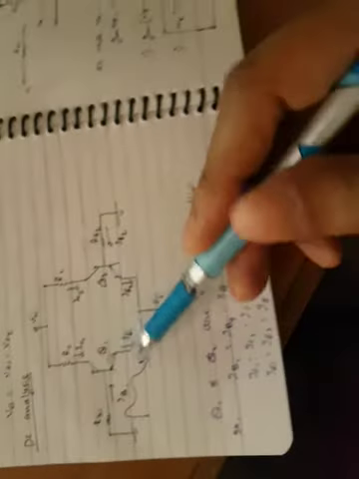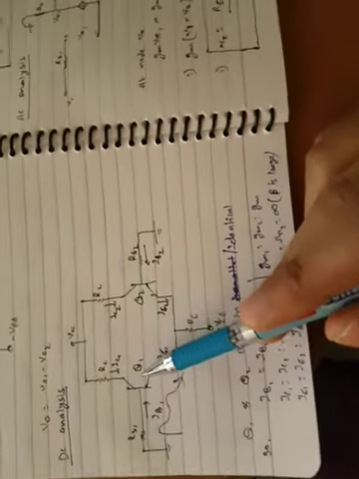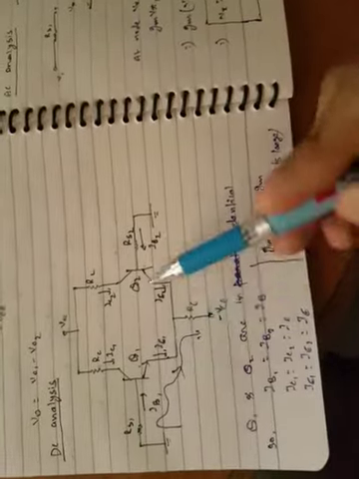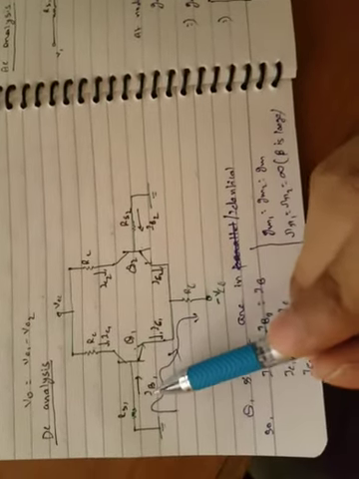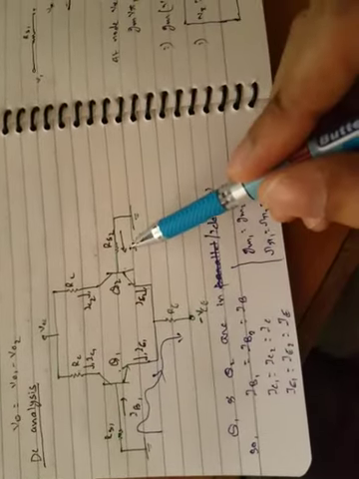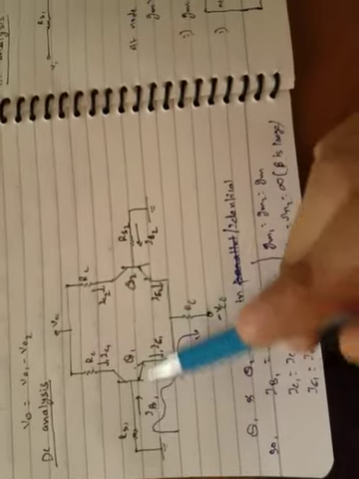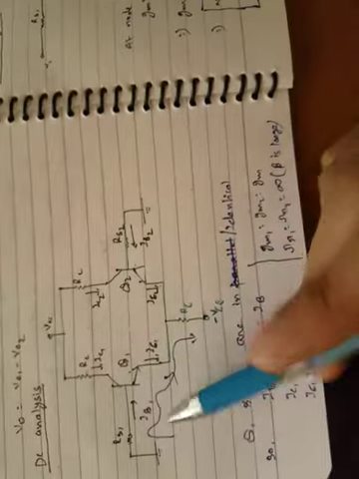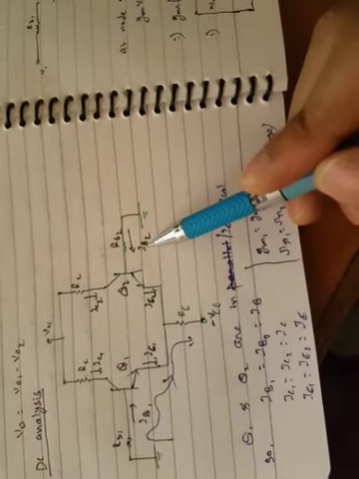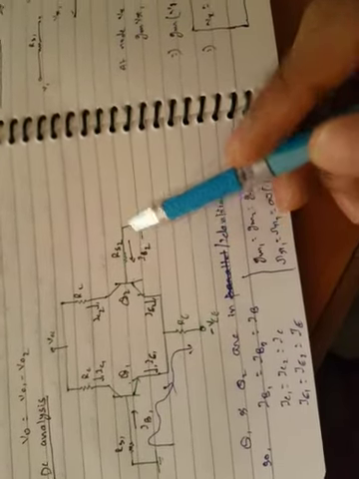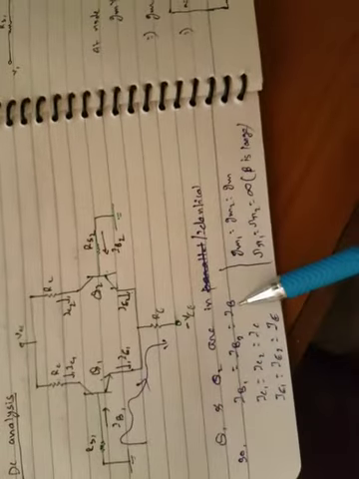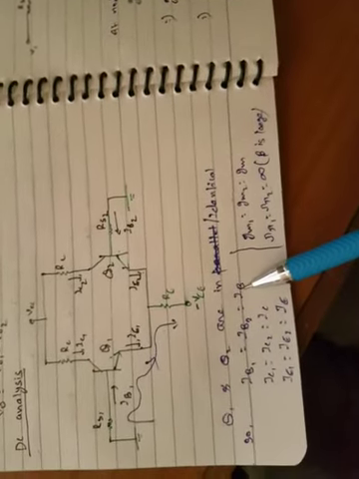If we see here, transistors Q1 and Q2 are both identical. So IB1 equals IB2, and we assume that this is IB.